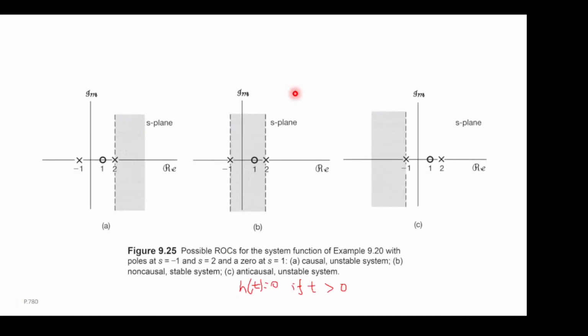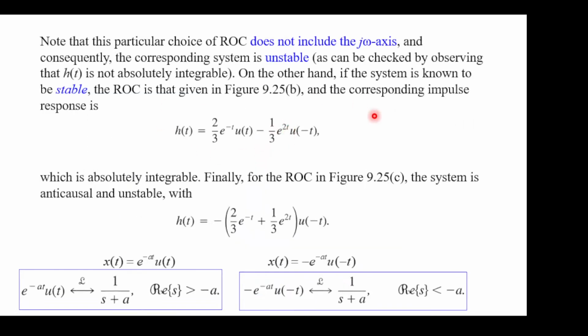You see it's to the right of the -1 and to the left of the +2, and then your h of t is e to the -t times u of t, and e to the 2t times u of -t, adding them together, a linear combination of them. So this will be stable, but obviously this is not causal because you have this u of -t part.